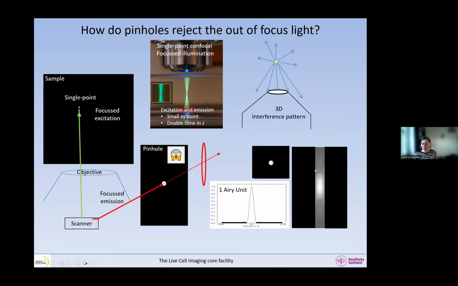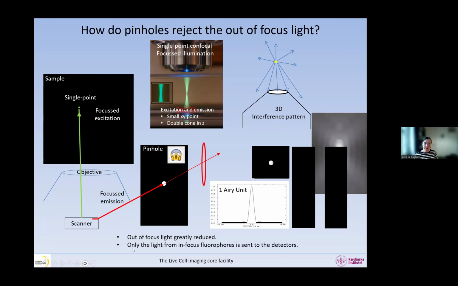So this is the fluorophore that is in focus, and this is the fluorophore that is out of focus. The light is going to be blocked by the pinhole. So the out of focus light is greatly reduced in a confocal or any system with pinholes, and only the light from the in-focus fluorophores is sent to the detectors. Whereas in a wide field system, all the light coming from everywhere goes to the detector.